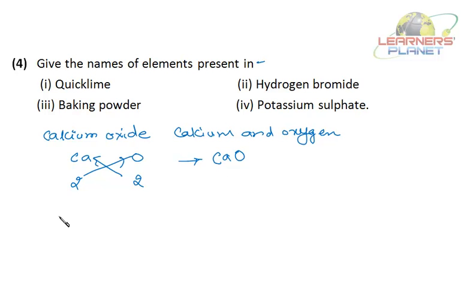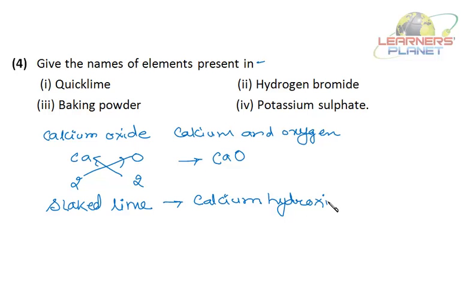Now if I'm asking what are the elements present in slaked lime? Slaked lime. Do you know what is it? Slaked lime is calcium hydroxide. What will be the formula? Calcium, symbol is Ca.